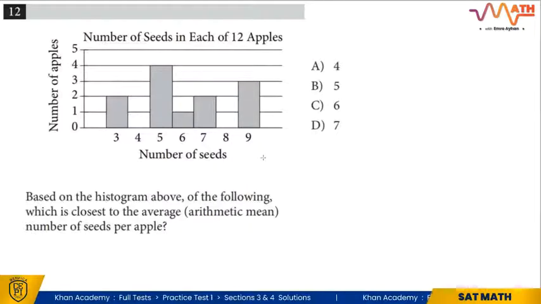So here, first one, the apples has 3 seeds, so it's gonna be 6, maybe 20, 6, multiplied by and 0.